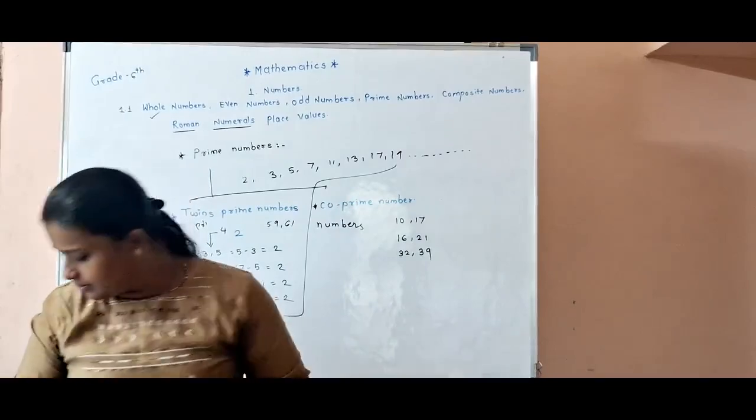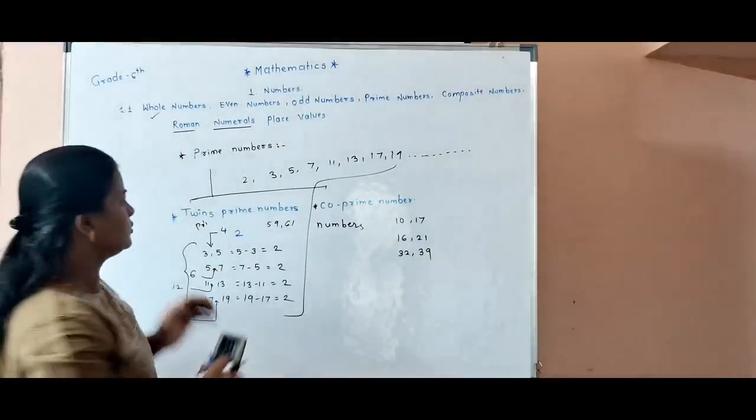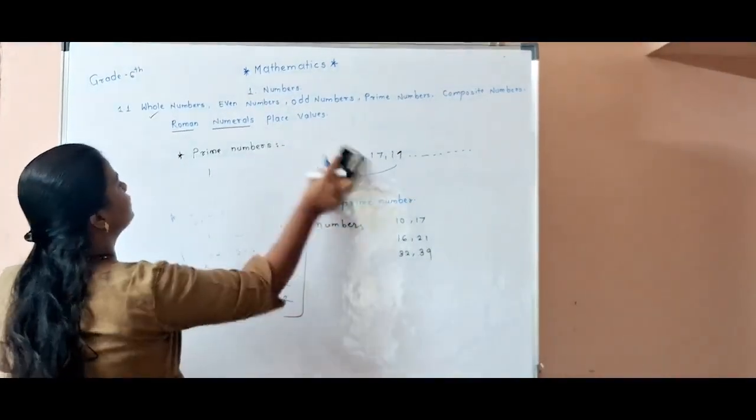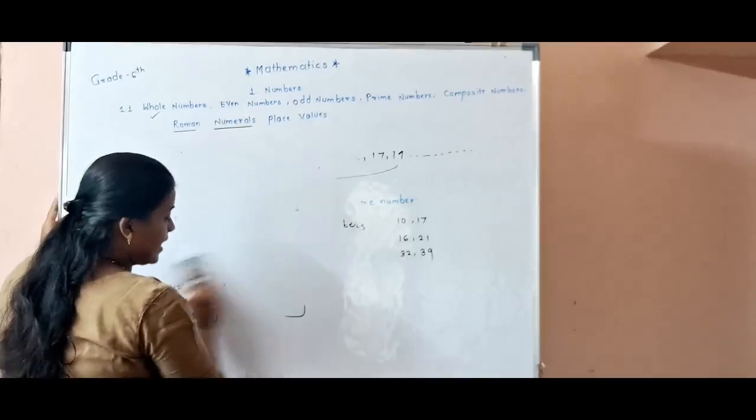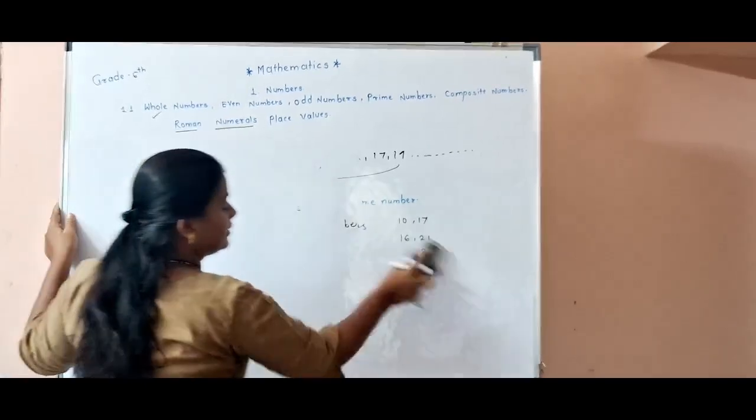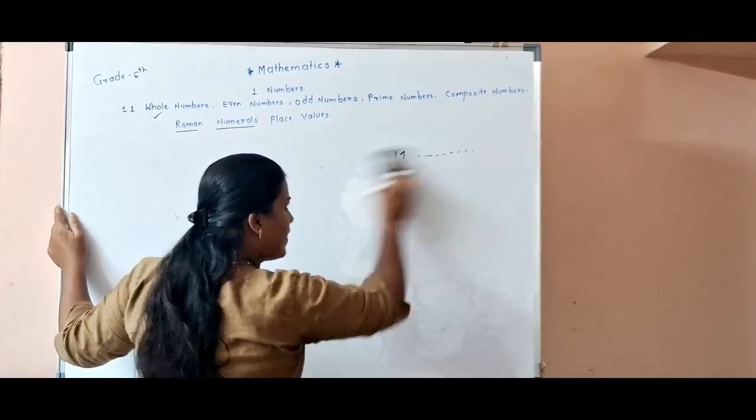Now composite numbers. Composite numbers are exactly opposite to prime numbers. They are divisible by other numbers. They have factors.